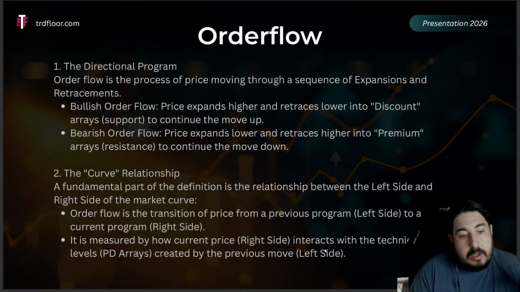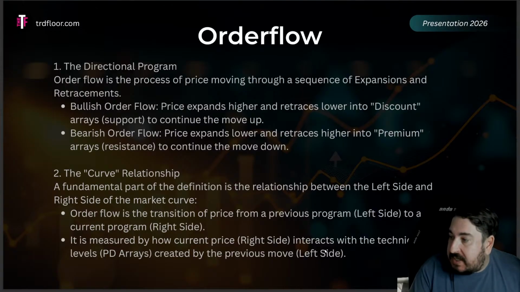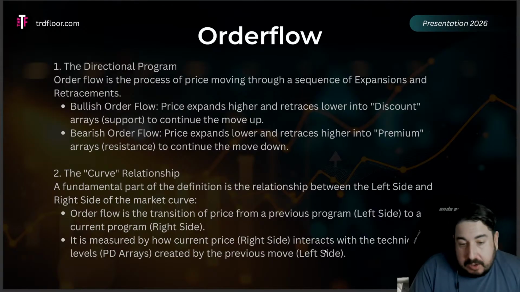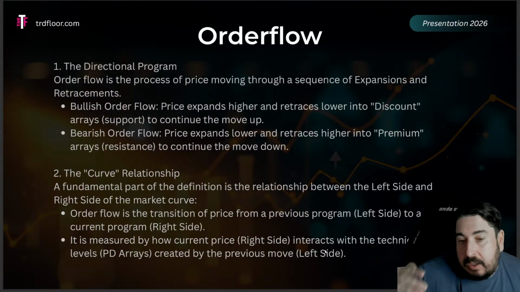So, what does this mean? That our previous leg, we don't care in which state it was, we always expect levels from the left side of the curve to either be respected or not respected, so it can confirm in which state we are.